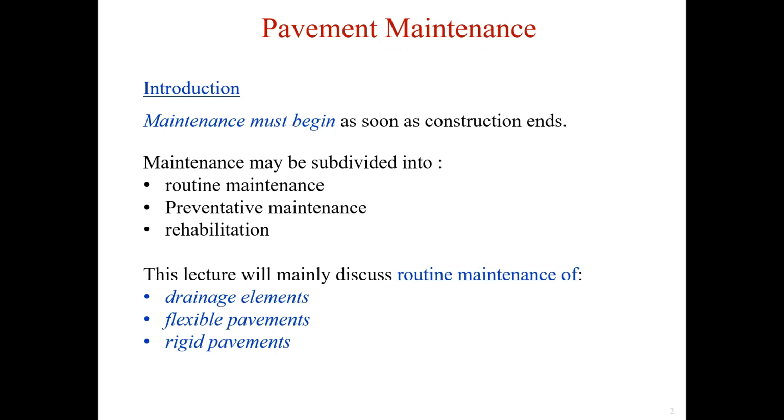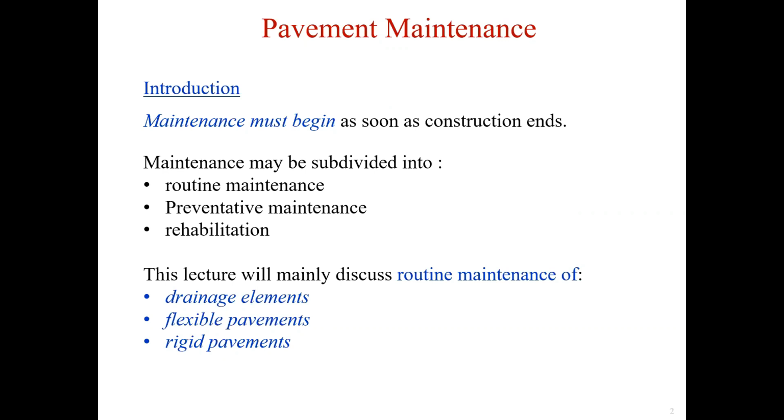If the pavement is to keep the standard of service for which it was designed, maintenance must begin as soon as construction ends. The maintenance refers to the repair of defects and attention to the road structure and associated facilities to ensure the preservation of the pavement and the convenience and safety of road users.